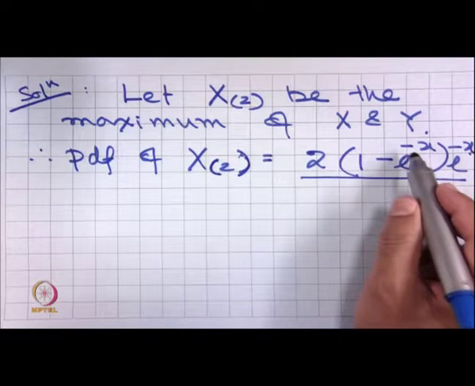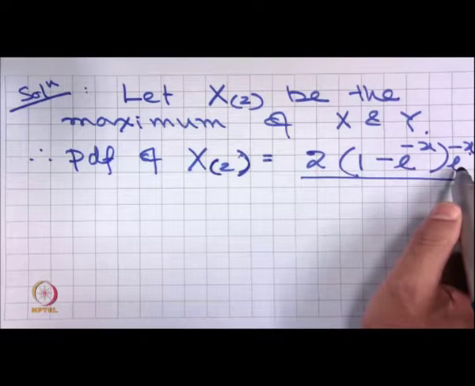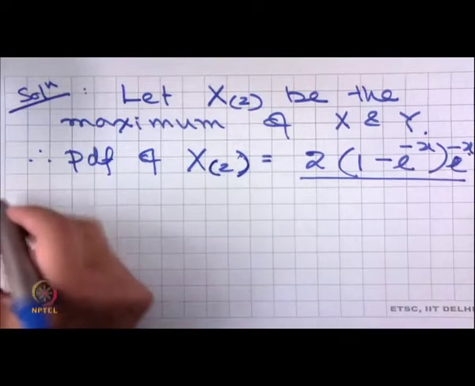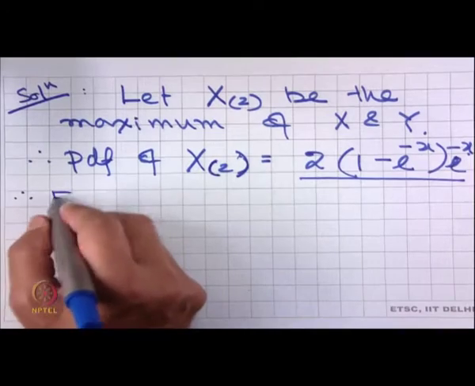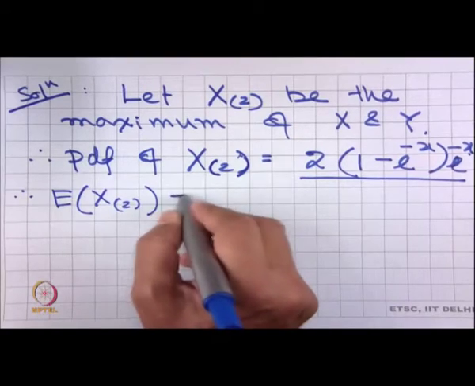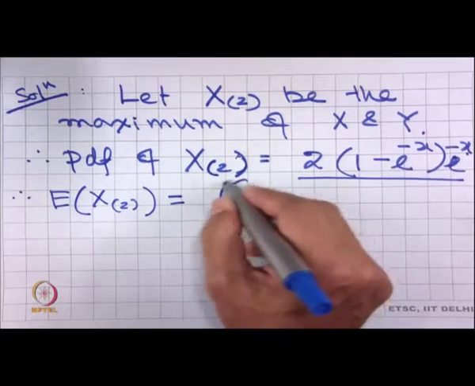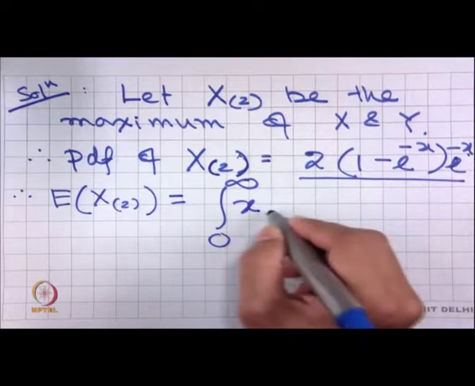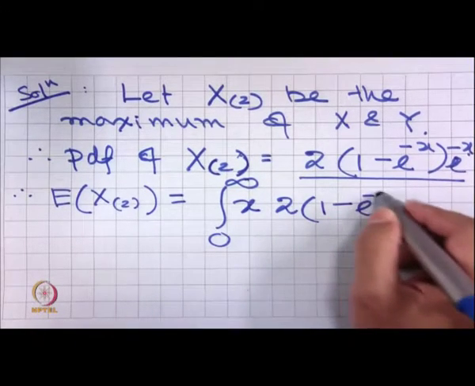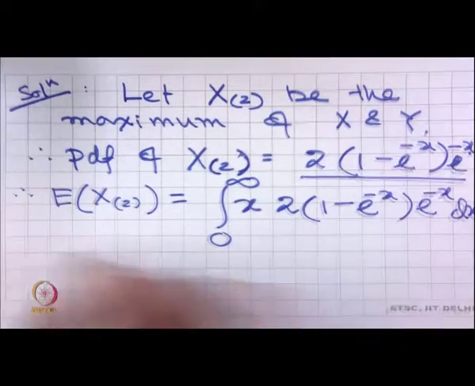This is the capital F x or the cumulative distribution function, and e to the power minus x is the small f x or the PDF. Therefore, expected value of x 2 is equal to integration 0 to infinity x into 2 into 1 minus e to the power minus x into e to the power minus x dx.